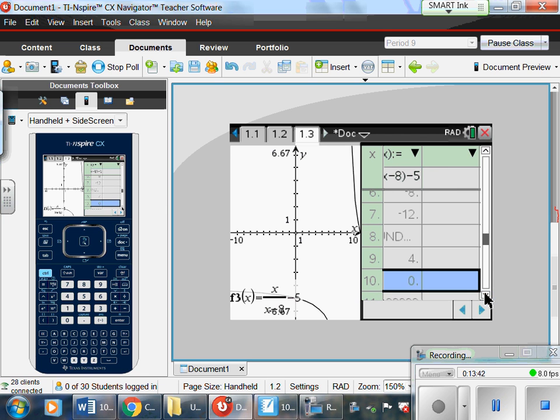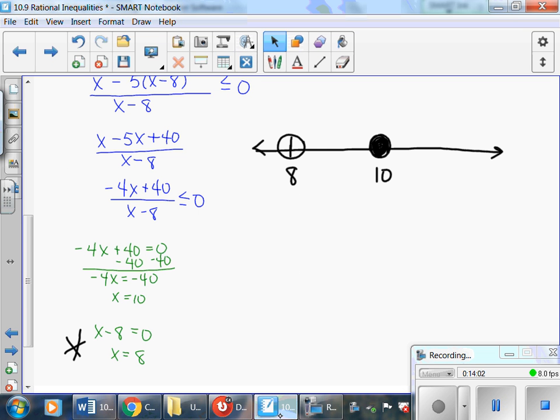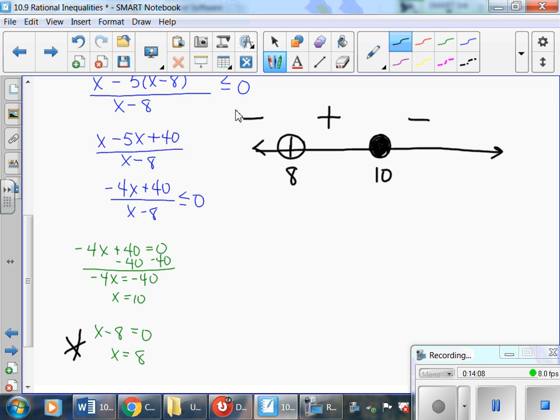Okay, so it becomes positive when we start hitting 9, and then at 10 it hits 0, and then if you look down just a little bit more, you can tell that 0.333 is actually negative, and negative 2, and negative 2.4, and so on. So when we go back to here, we realize that it's negative here, it's positive here, and it's negative here. So this is what our solution set's going to look like.